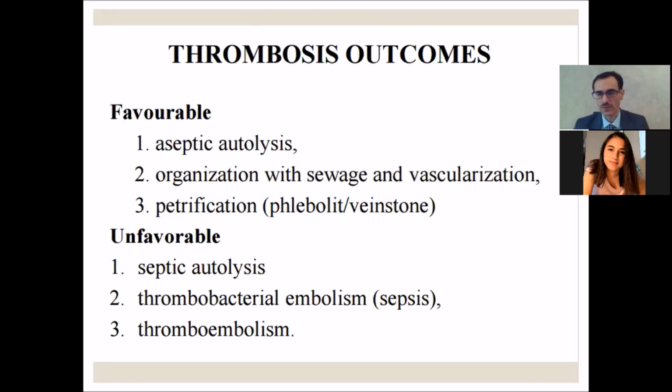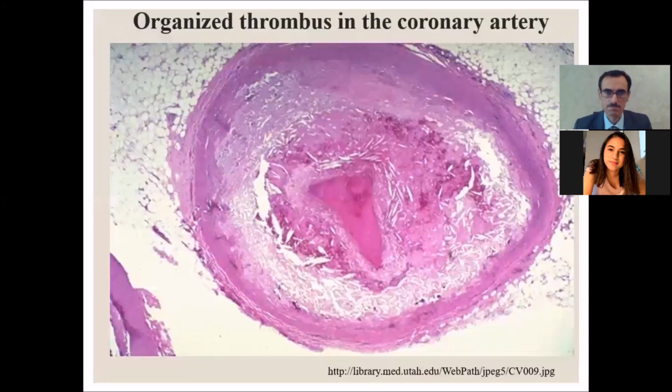This is the unfavorable, worst outcome of the thrombosis. And here we see again the organized thrombus in the coronary artery. Normally, the lumen of the artery must be open along these lines, but we see that the lumen of the artery is filled with the thrombus that underwent organization.